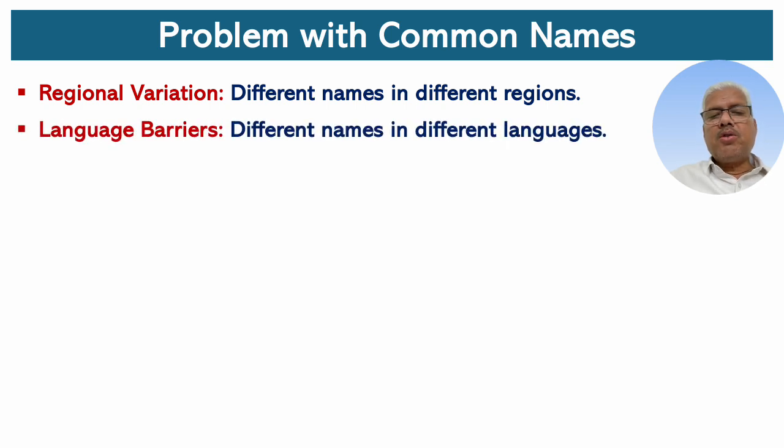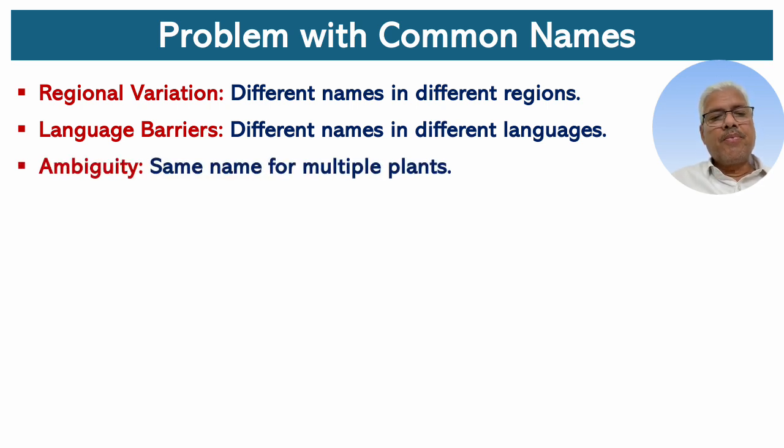Common names are tied to specific languages. Someone speaking English might use one name, while someone speaking Spanish or French would use an entirely different name for the same plant. Imagine the situation in a multilingual country like India. This creates a huge barrier to communication, especially in the scientific context where accuracy is essential.